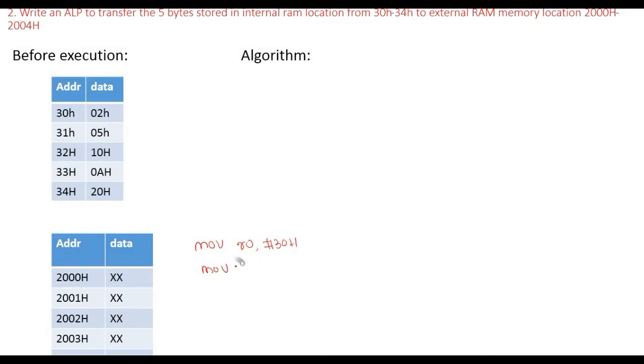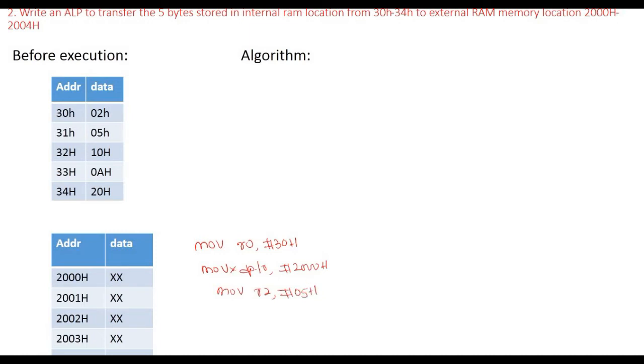For that we have to use MOV DPTR, #2000H, because the registers cannot hold this 16-bit address. That's why we have a register called DPTR. It is a 16-bit register. And next we need to initialize the counter, that is MOV R2, #05H.